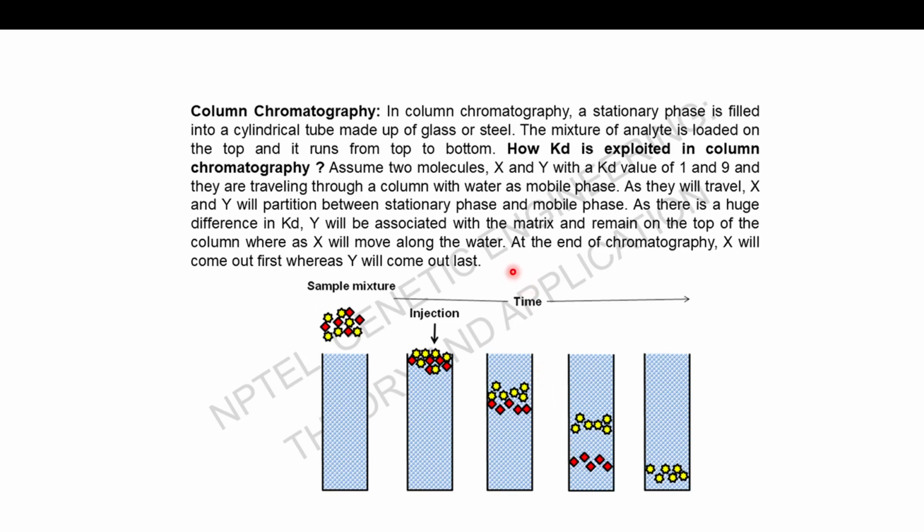Here they have used water. And at the end of the chromatography, X will definitely come out first because of its higher solubility in the mobile phase, or because the other compound has a higher interaction with the matrix, the stationary phase, as compared to this particular compound which has come out first.